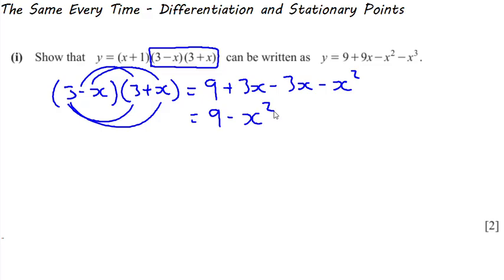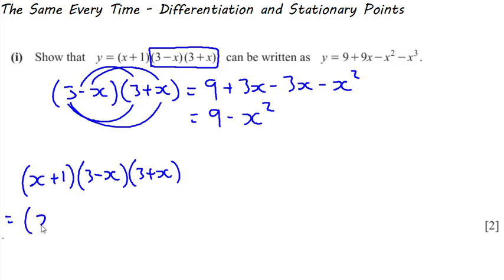So the next line of my working out, I'm going to write it maybe a little bit more detailed than I really need. x plus 1, 3 minus x, 3 plus x is now exactly the same thing as x plus 1 multiplied by 9 minus x squared. Because I just multiplied the second and third brackets together.